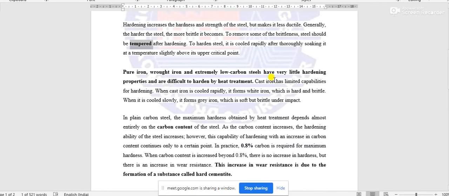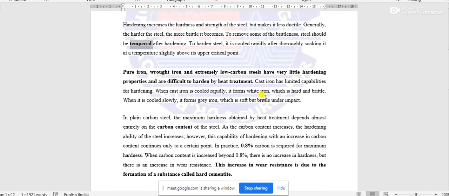If not steel, but some iron material is used for hardening, what will happen? Pure iron or wrought iron cannot be hardened at all by this heat treatment, but the hardness property of cast iron may be improved by the heat treatment of hardening.